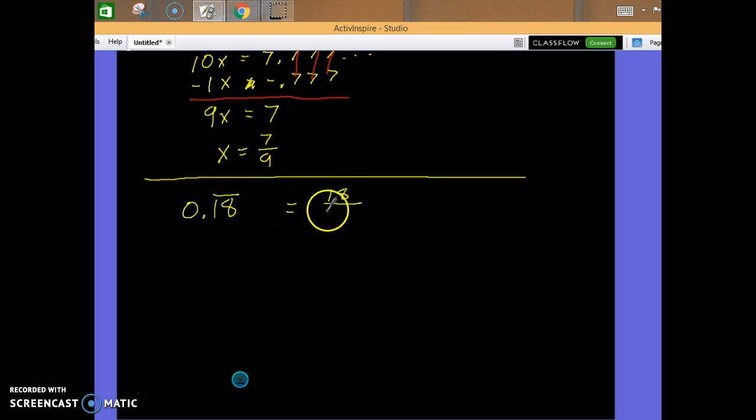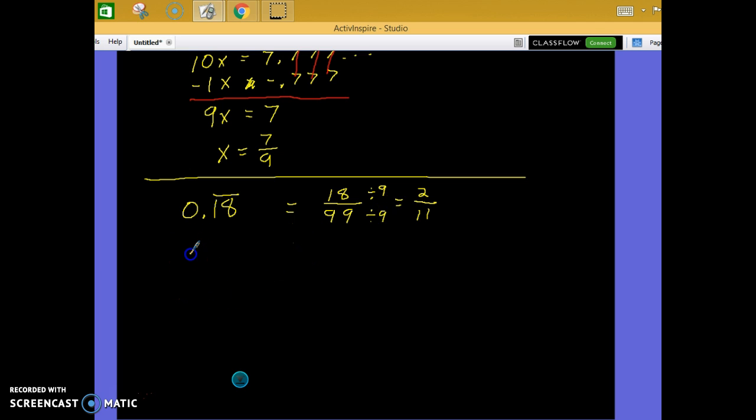There are two numbers, so we're going to put 18 over 99, and then we're going to simplify. 18 and 99 are both divisible by 9. 18 divided by 9 is 2, and 99 divided by 9 is 11. So 0.18 repeating is 2/11ths.